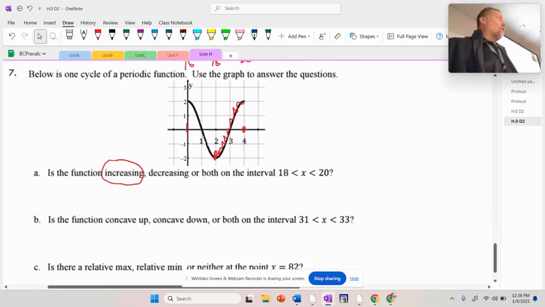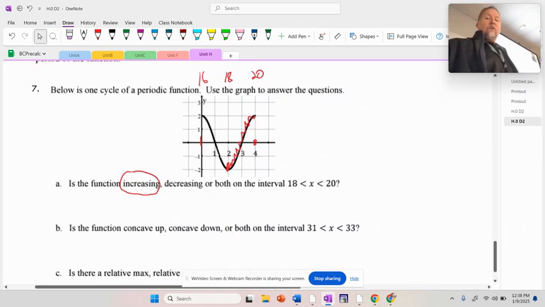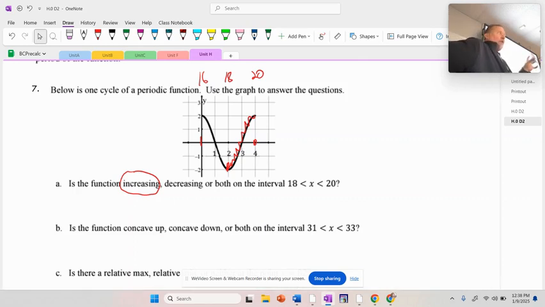Then we got to do it again. 31 to 33. Ooh, this is a good one. Okay, where do we pick from 31 to 33? Hold on. So 0 to 4. Where is this around where I have an interval of the next cycle? It's not perfect. 31 and 33 isn't perfect. So what are we going to pick? 32, right? So here's 32 to 36.